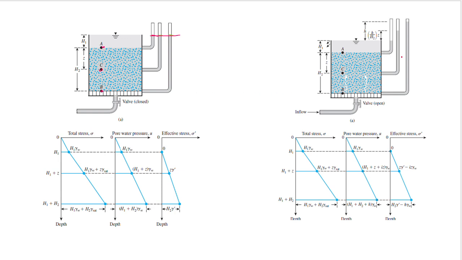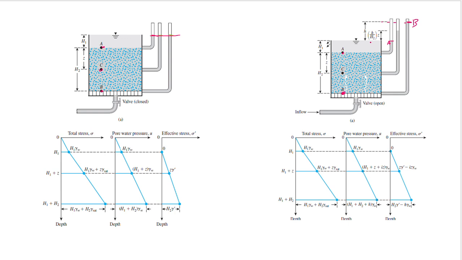Now the situation is changed. The water level at A is the same as in the first example, but the water level at B goes up if we put a piezometer. How much does it go up? For example, a height of h. So the difference between point A and point B is h.